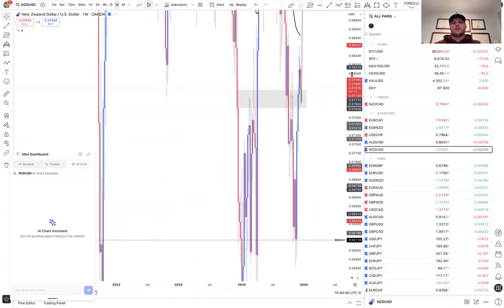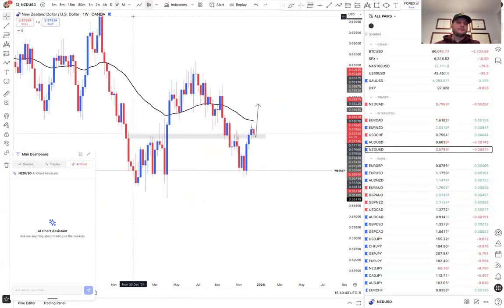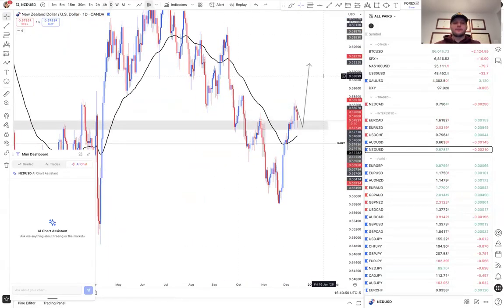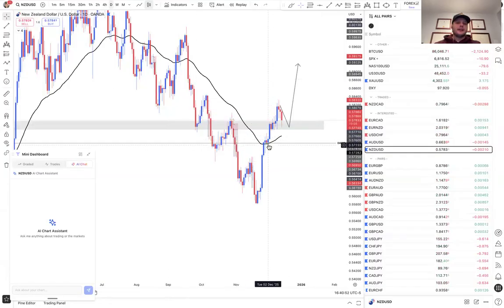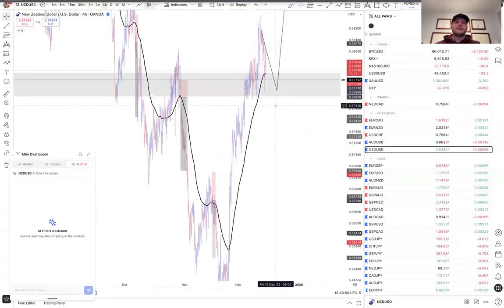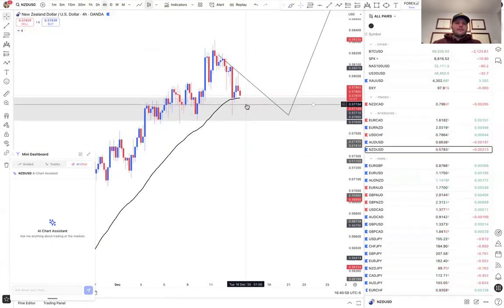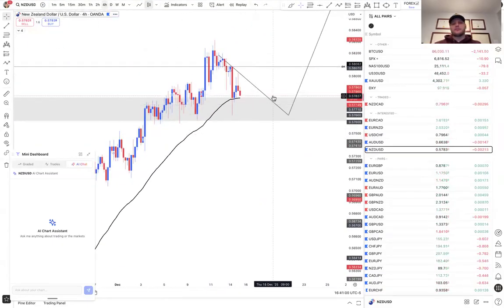Only issue is that our weekly time frame is currently bullish, and our daily time frame is also currently bullish above this structure point. So you're only trading with the 4-hour time frame, which is currently bearish. Okay, so in my opinion, you could take very aggressive counter trend trade sells.